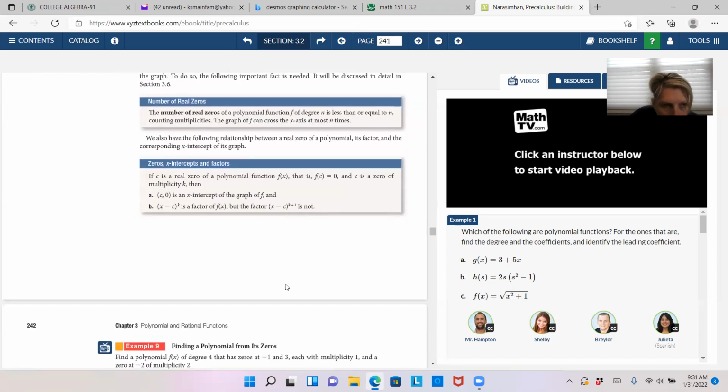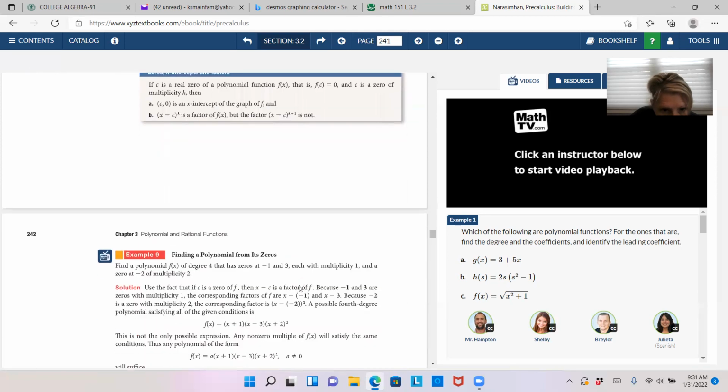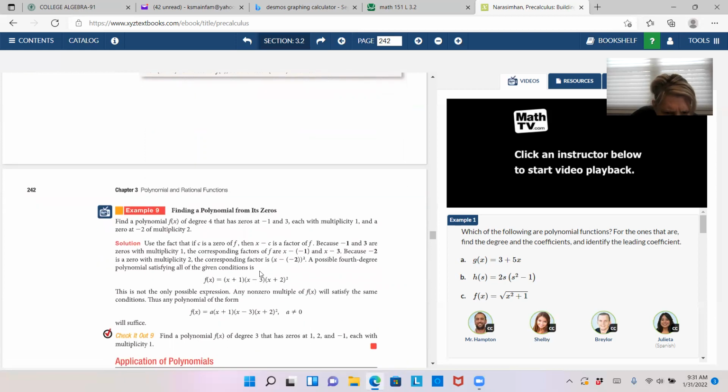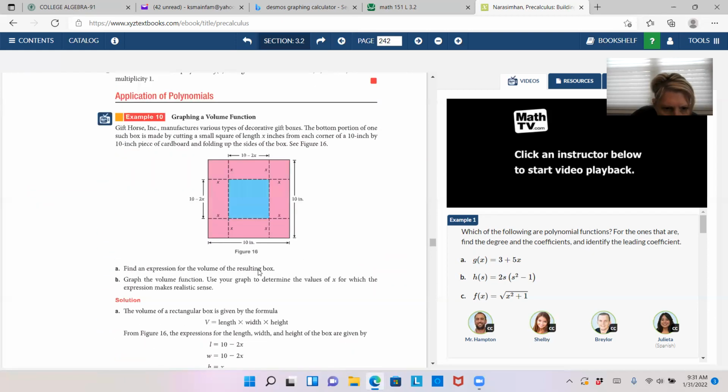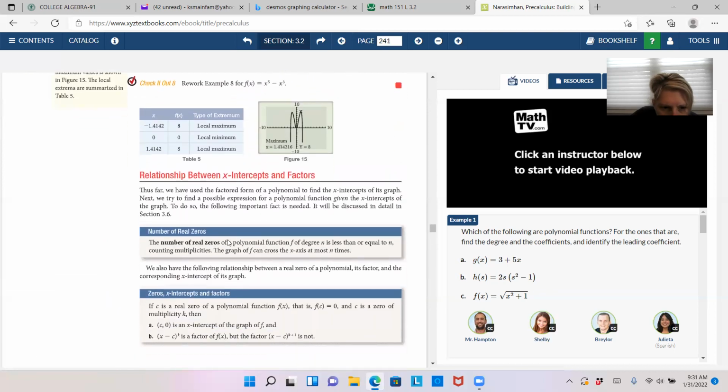So if x minus 2 to the 1 is a factor, then we know that x minus 2 to the 2 is not a factor. That can't be. So these are just some extra examples here. Okay, so it's important to remember the number of real zeros of a polynomial of a degree n is less than or equal to n, counting multiplicities. The graph of f can cross the x-axis at most n times.